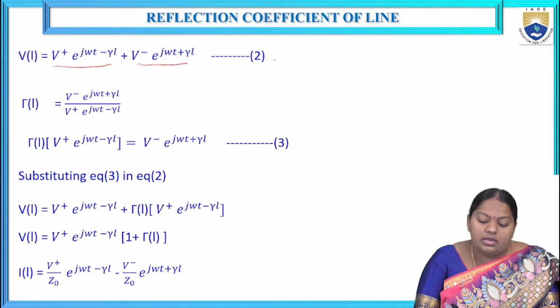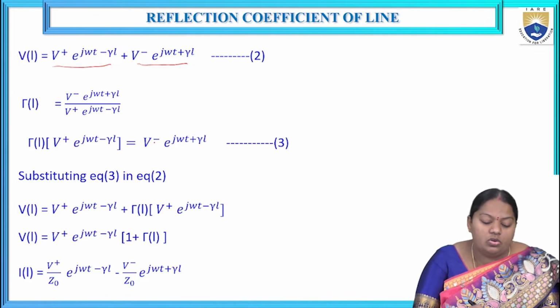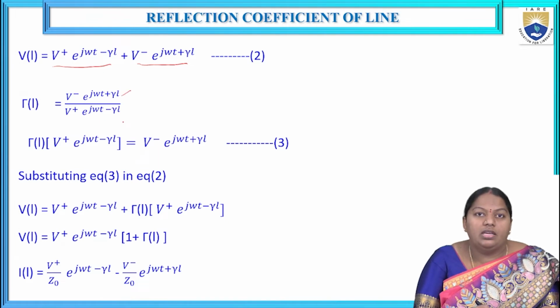Now consider that as equation number 2, and from the reflection coefficient, what we have defined according to the previous statement, reflection coefficient of L is equal to the ratio of backward traveling wave to the forward traveling wave.